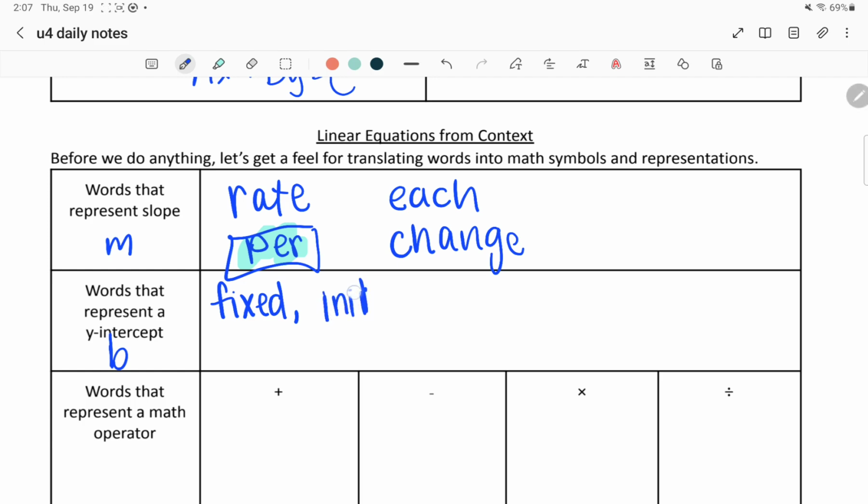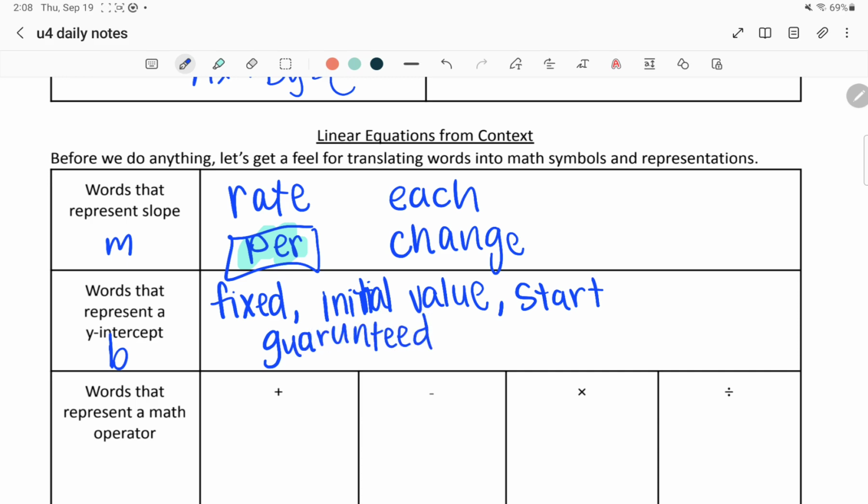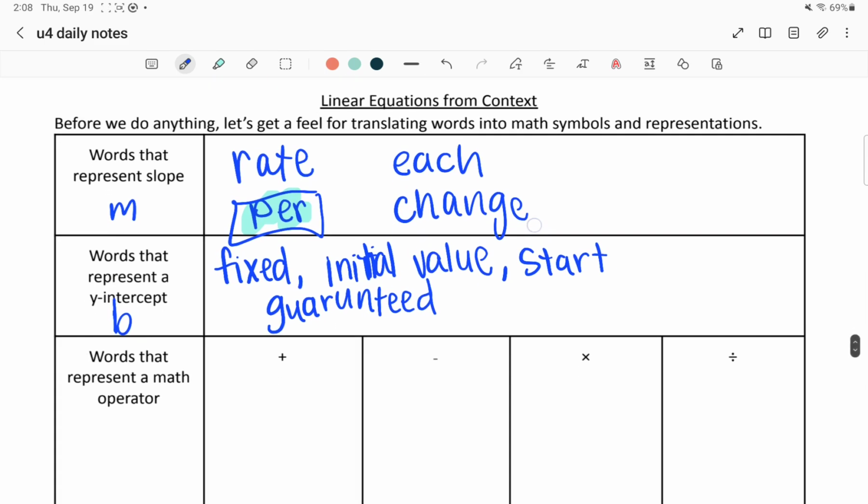You might see the words initial value, or we're going to think initial value because it's going to be like our start. So there's another word, our start. One of the words I see that's specifically on your homework is the word guaranteed. Hopefully I spelled that kind of right, but you're going to see those words quite a bit, and those represent the y-intercept.